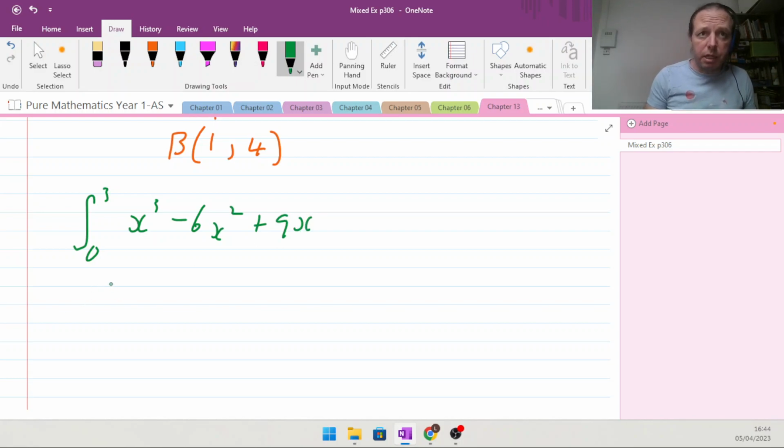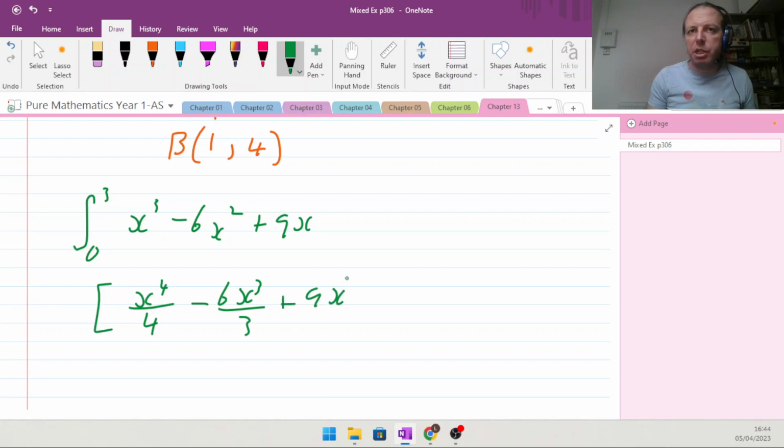So we're going to be doing x to the power 4 divided by 4, minus 6x cubed divided by 3, plus 9x squared divided by 2, between 3 and 0.